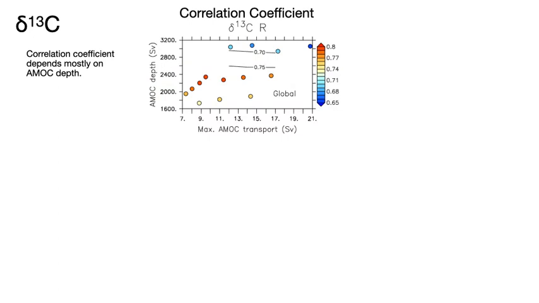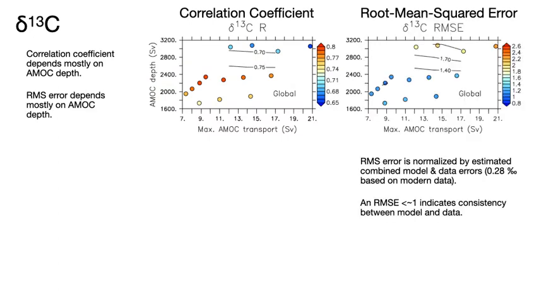This was the correlation coefficient for C13. We can also look at other model-data misfit indices, like the root mean squared error, shown here on the right for C13 as well. For the root mean squared error, you are looking for blue colors, so low values indicated in dark blue indicate a better fit, compared with dark orange, which would indicate a worse fit, so larger errors.